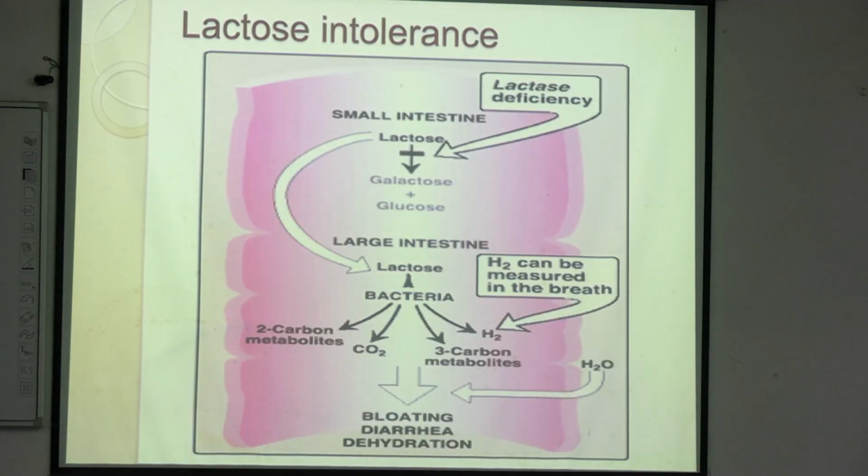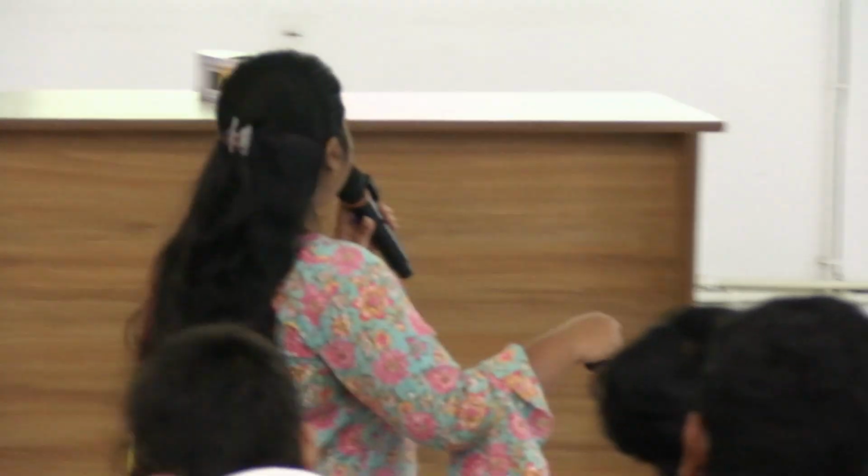glucose. Now another question comes from this part, that is lactose intolerance. What happens in our gut? There is an enzyme known as lactase. Lactase helps in breakdown of lactose into glucose and galactose. If the lactase enzyme is absent in our body, it will not break the lactose, so it will accumulate in the large intestine.